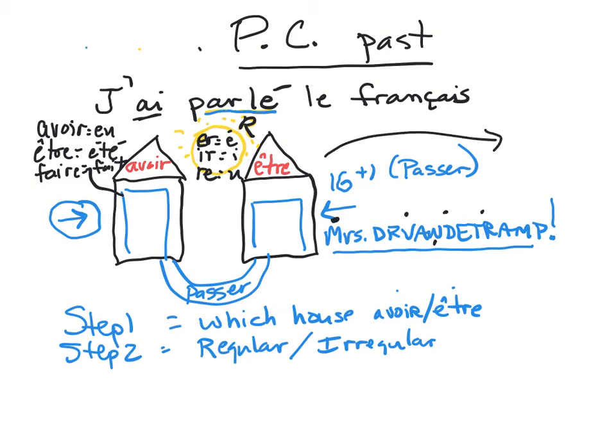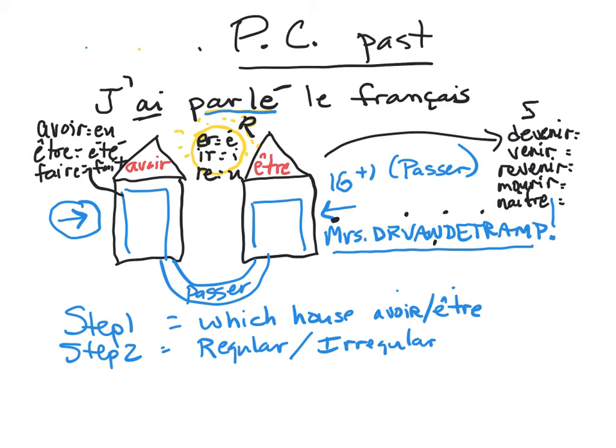So there is only 5 in the être house, and that is devenir, venir, revenir, mourir, and naître. So you got to check your notes on those and how they change. So they do not follow the sunshine rays of Madame. They are irregular. And I'm not going to write those out because there's so many of them.